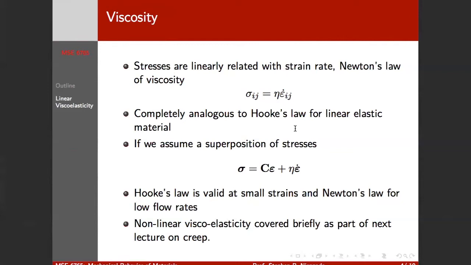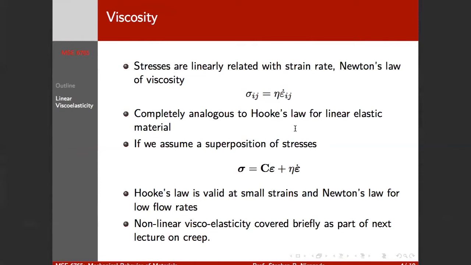For viscoelastic, we're going to assume a superposition of the stresses, where the stress is going to depend on the instantaneous strain by Hooke's law and on the instantaneous strain rate. Hooke's law tends to be the dominant term at small strains, and Newton's law for slow flow rates.